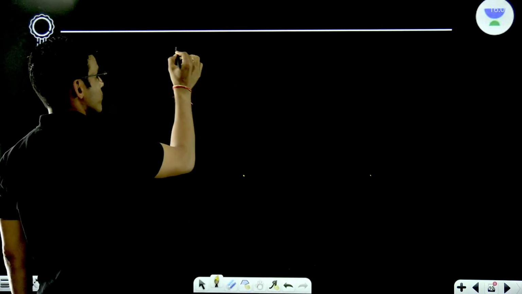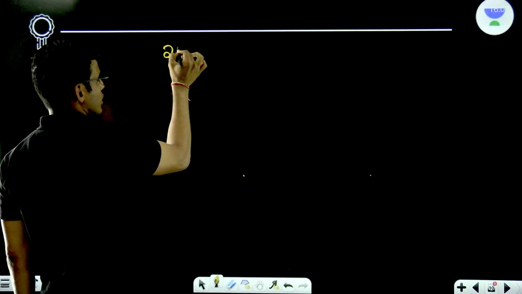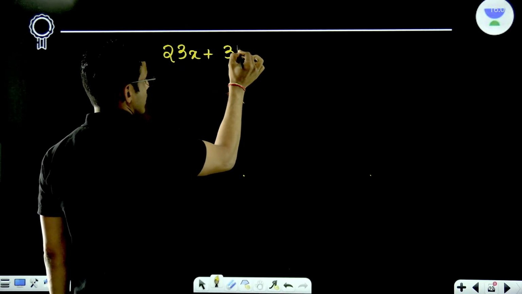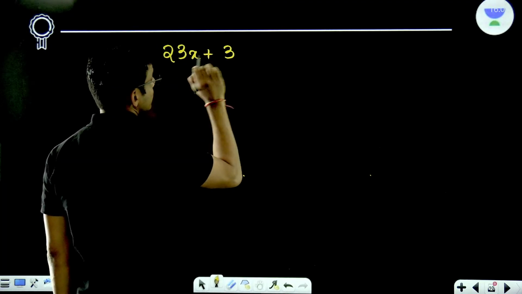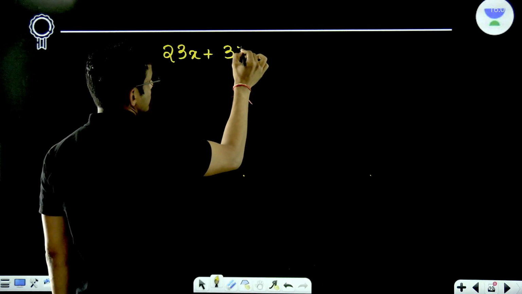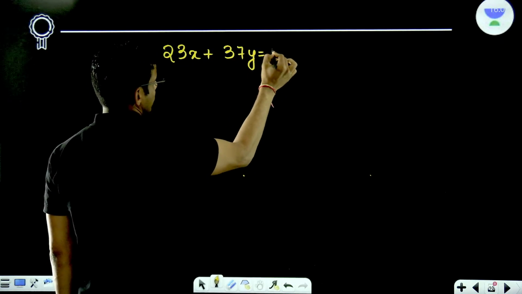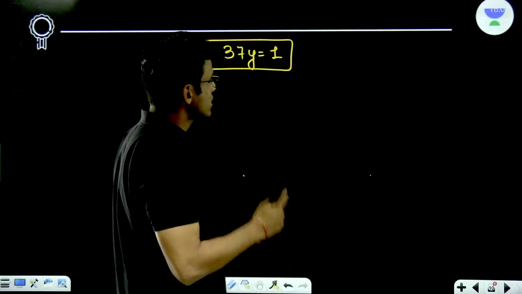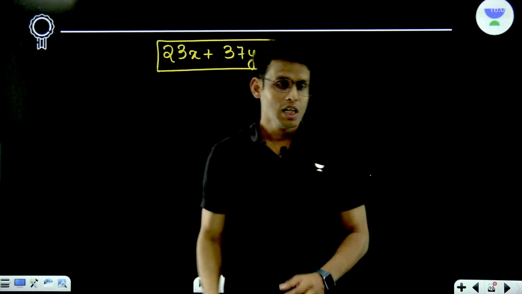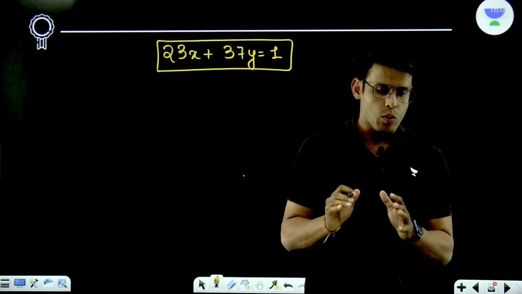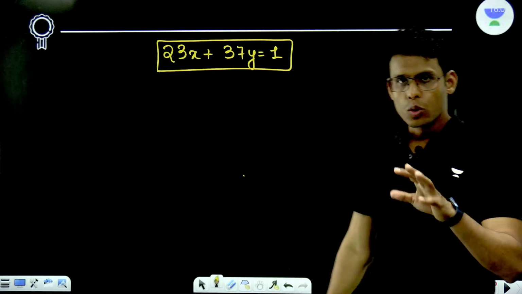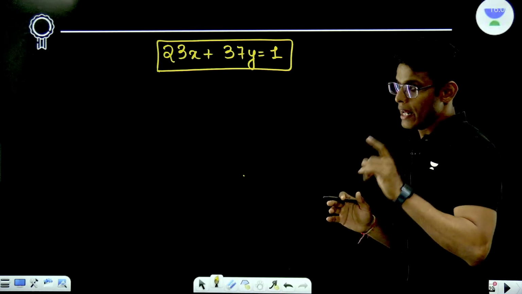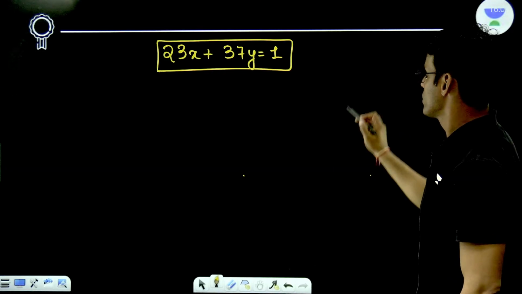Let's do one more problem. Any prime number, 23x plus, let's say, 37y. Let's try to solve this: 23x plus 37y equals 1. You can pause the video and solve it, and after that you can see my solution.